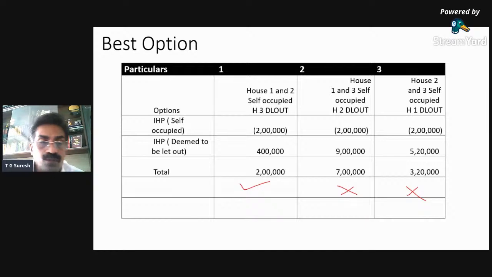Yes, Ramchandran, you can go ahead. What is your doubt? See, for house 3 deemed to be let out, there's no restriction at all.